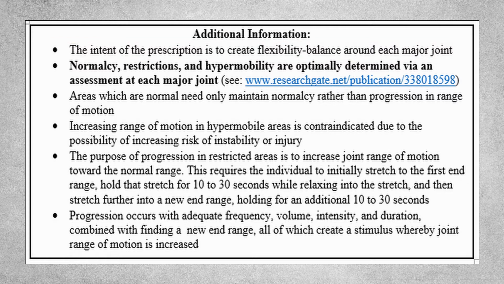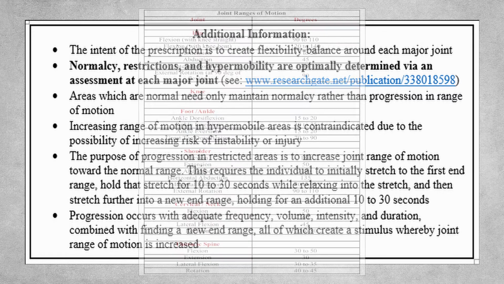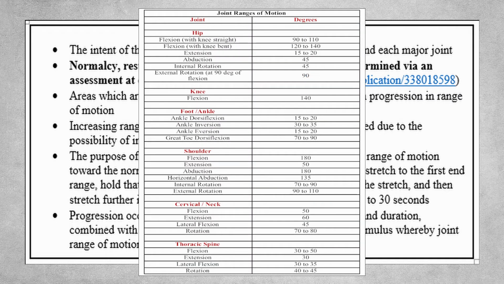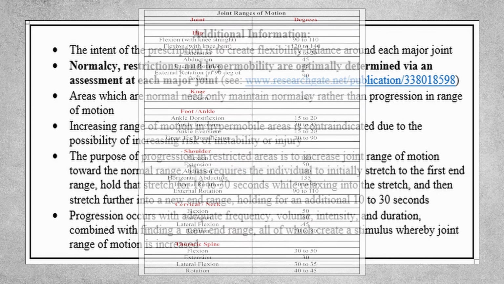And what that implies is that a joint range of motion assessment has occurred, which is a perfect world situation that unfortunately just doesn't really exist, but I'm heavily biased towards it because the truth is fitness professionals are allowed to stretch their clients. And because of that, by default, they should know their joint ranges of motion so they understand whether the areas they're stretching are tight, normal, or hypermobile.